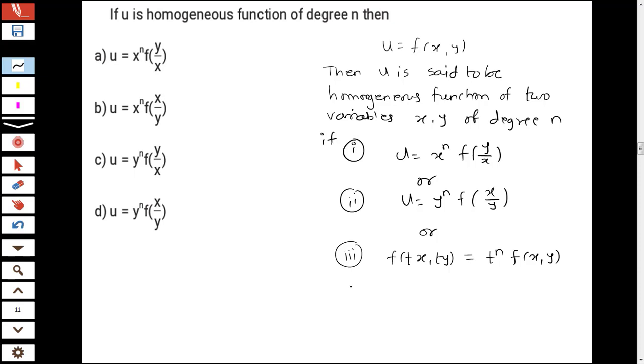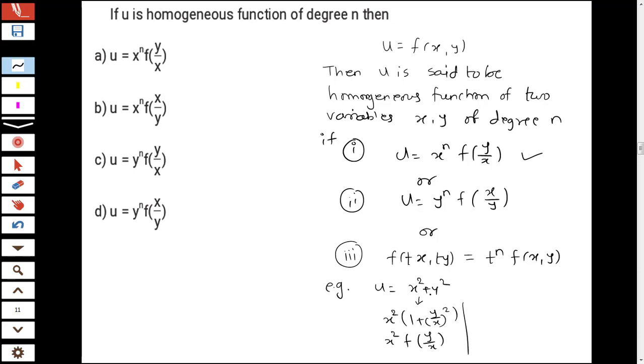For example, suppose you have u is equal to x square plus y square. Now this we can simplify as x square into bracket 1 plus y by x bracket square. So it is in the form of x square f of y by x. So it is in this format, x raised to n f of y by x. So it is a homogeneous with degree n is 2 here, so degree 2.